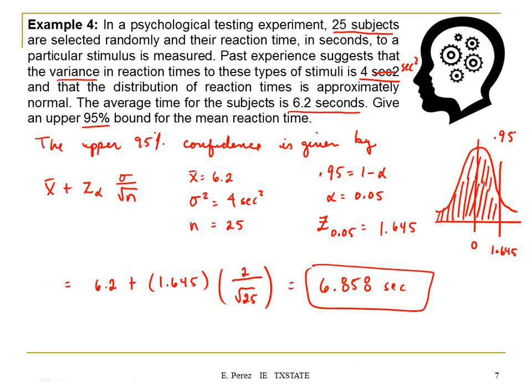The value of alpha, on the other hand, is this area beyond 1.645, and that value is 0.05.